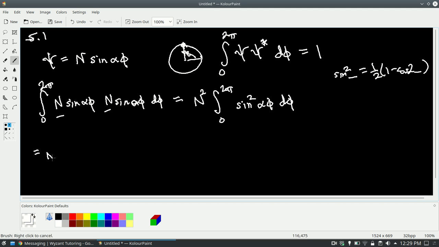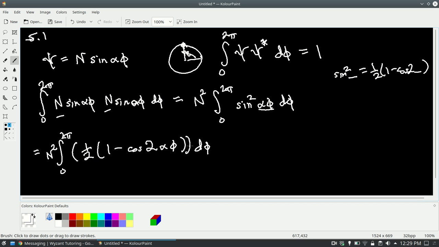So this equals N squared, an integral from 0 to 2 pi. Now we're going to change this to 1/2 times 1 minus cosine 2 of whatever you've got here, which is going to be alpha phi, and the d phi. Since this is 1/2 times the whole thing, I'm just going to move this 1/2 over there with the N squared.